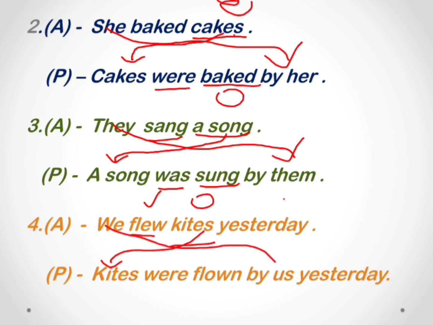We becomes by us as per the rules in change of pronouns. Flew is the verb in past tense and the past participle is flown. Kites is the plural form. So we use the plural be verb of the past tense which is were. So the passive voice is kites were flown by us yesterday.